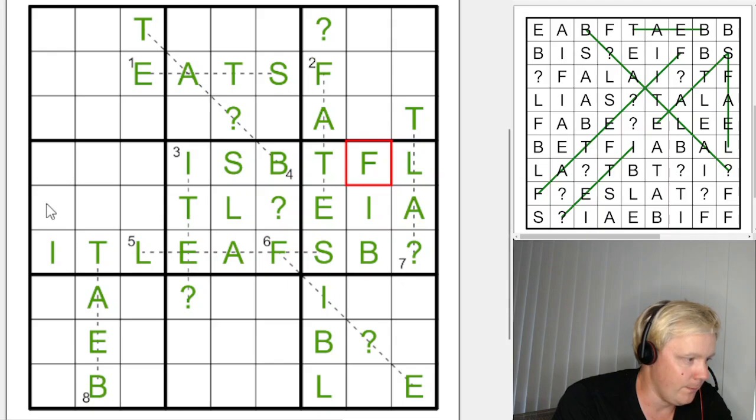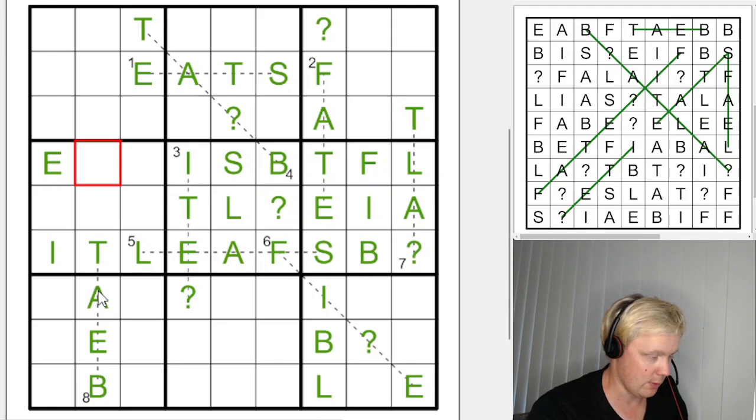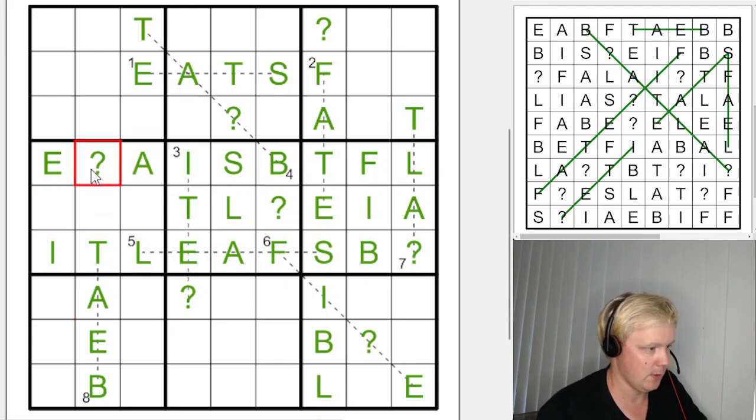Now, both of these rows have 3 missing, so let's see. This one is missing question mark, A and E, I want to say. Well, E can't be here and E can't be here because of these 2 E's, so E must be here. And then the A can't be here because there's already an A in this column, so A is here and question mark is here.